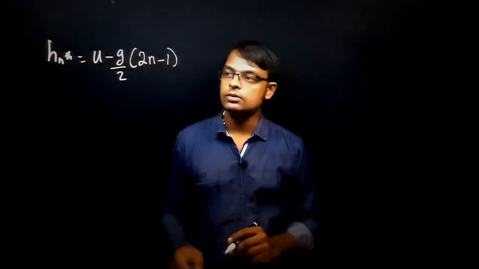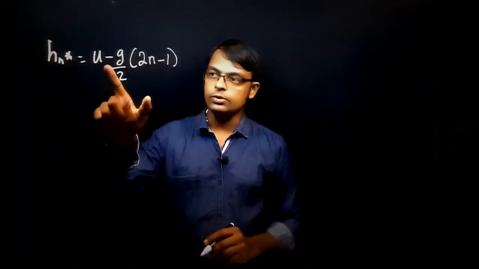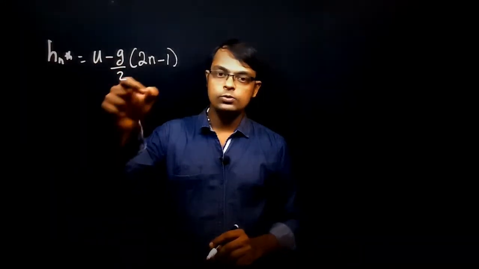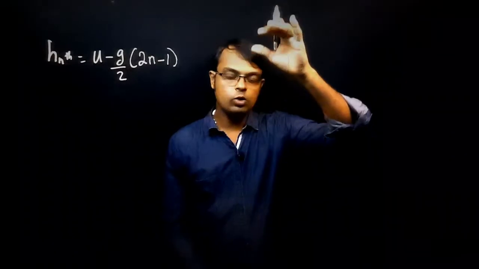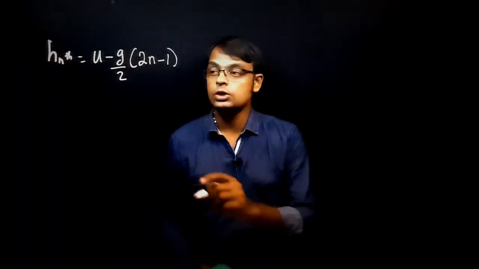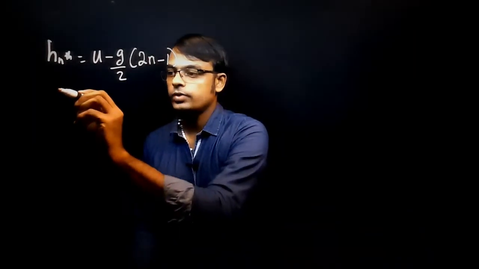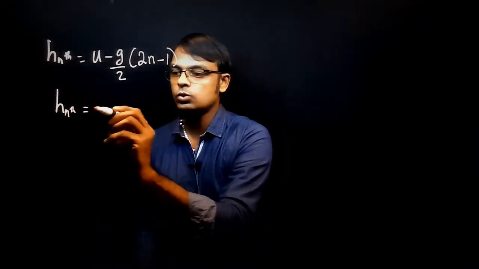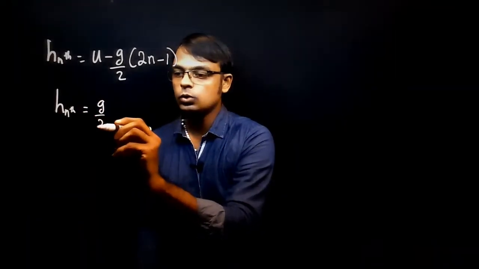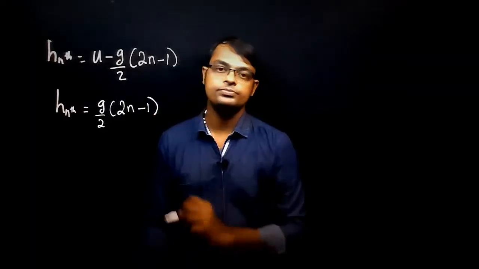If you use the sign convention, h is also taken as negative. And what is the u value while dropping an object? The initial velocity is 0. And h is also minus, so minus minus cancel. So we can write the formula h nth is equal to g by 2 into 2n minus 1.